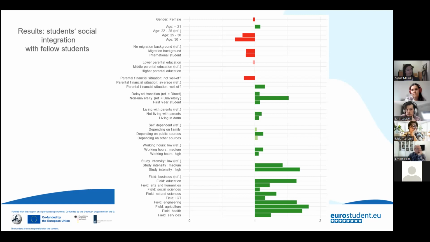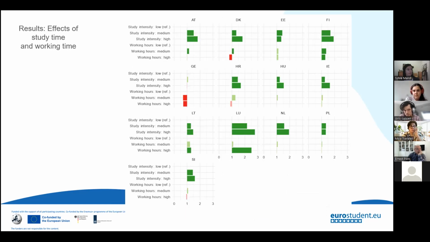So in the next slide, we also ran the regression models for different countries. Then you see varying effects. For the study intensity, it's more clear.